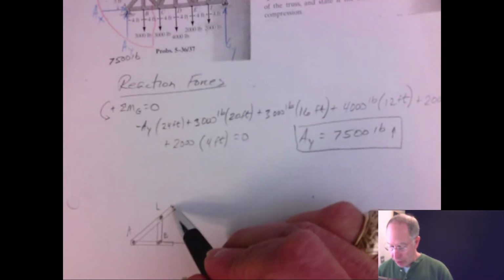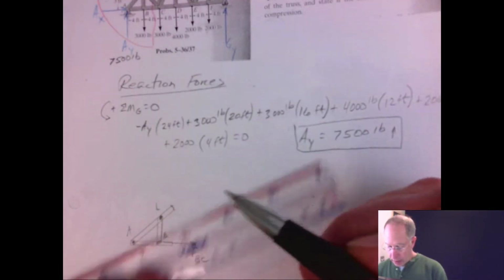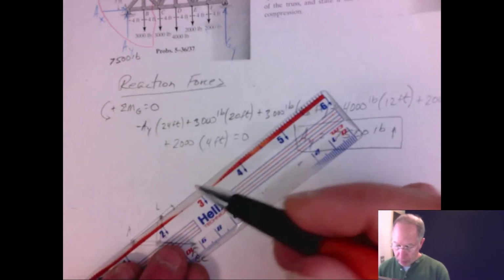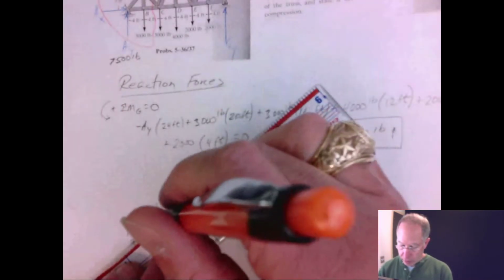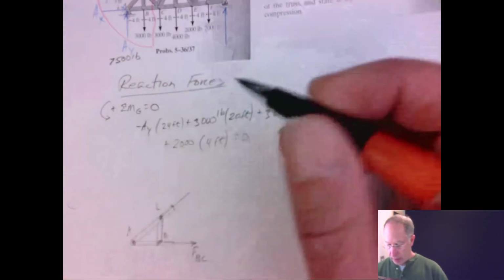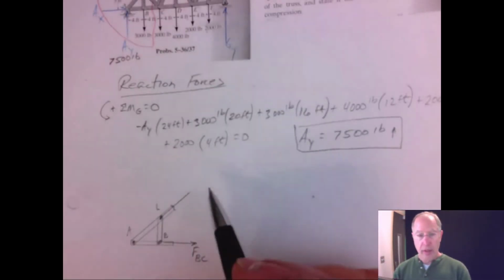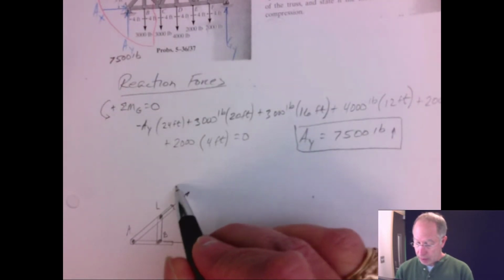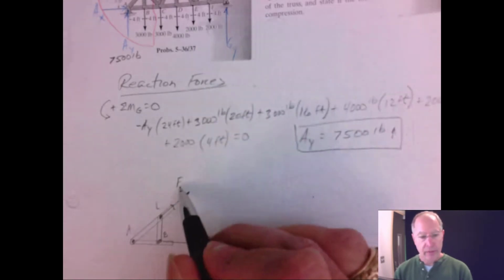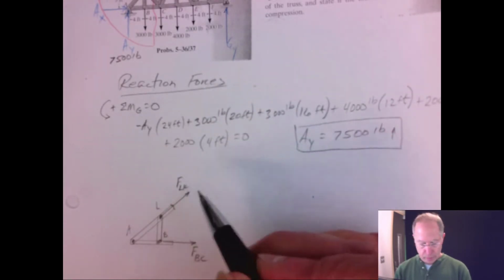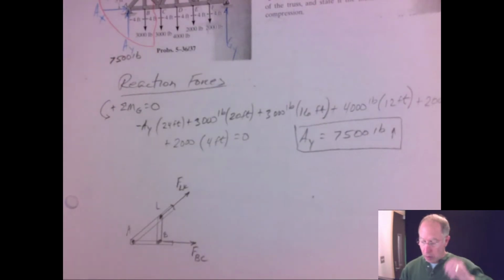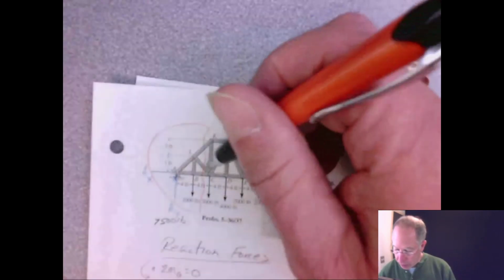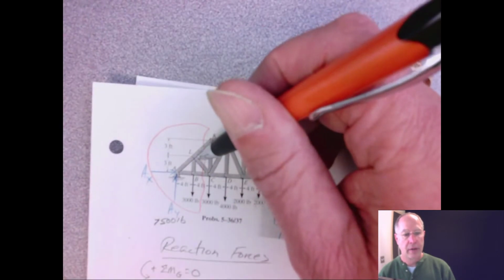And likewise, we cut through this member LK, and so we need to replace that member with a force, and we don't know if that's tension or compression, so we'll assume it to be tension and give it a name, force LK. Oh, we cut through another member here too. We cut through LC right here.